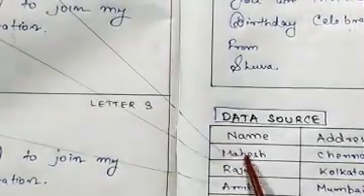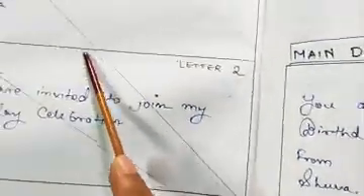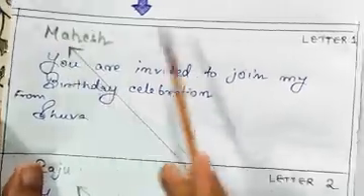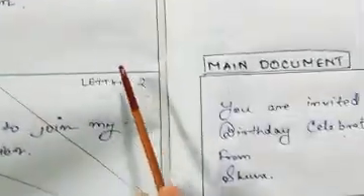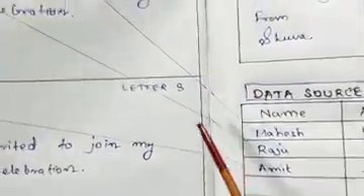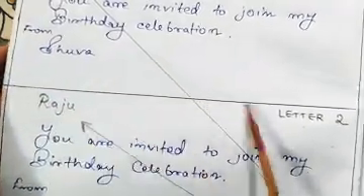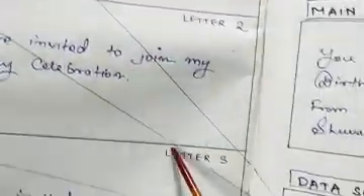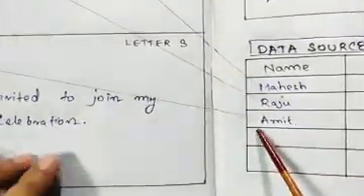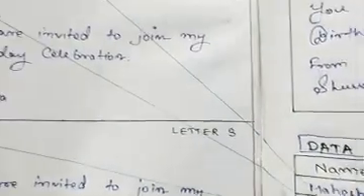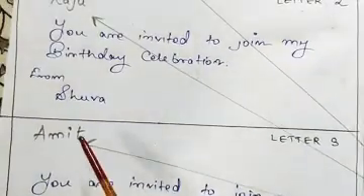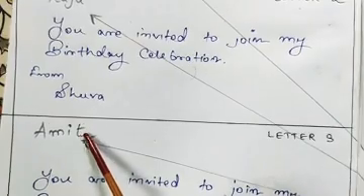See, the first entry, the first name, is going to the first letter. Then the second entry to the second letter. Then the third entry to the third letter.